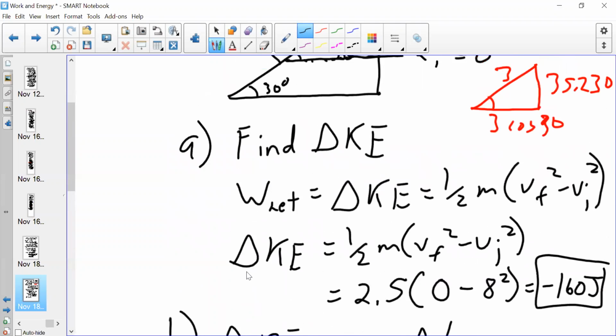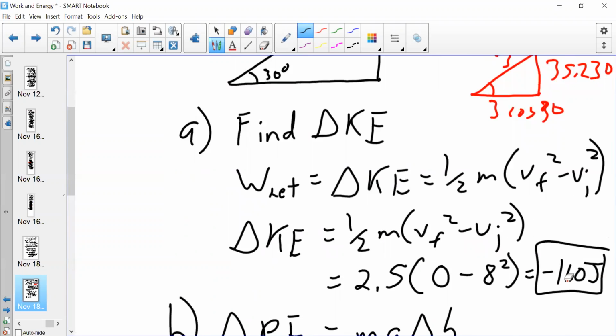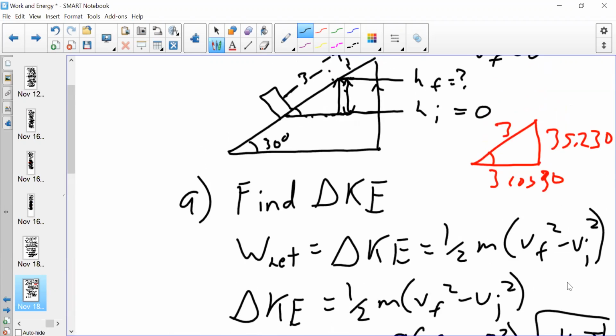But anyway, what we can see here is that we're losing energy. The implication is that there's some sort of friction, because friction is always going to take energy away from the system. We're coming to rest, we're slowing down. So what else could cause us to slow down besides air resistance? Friction.